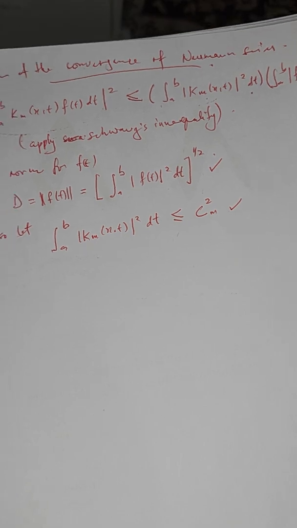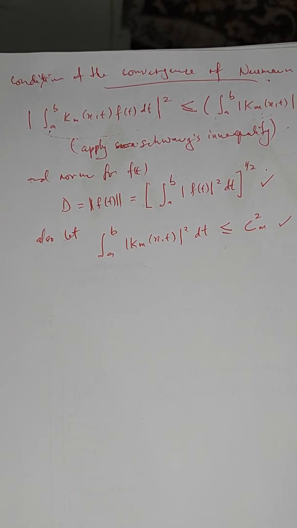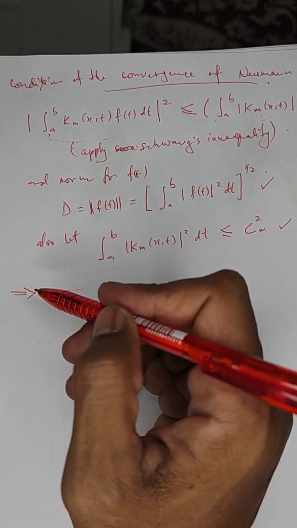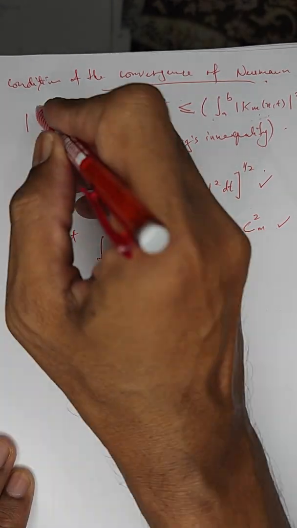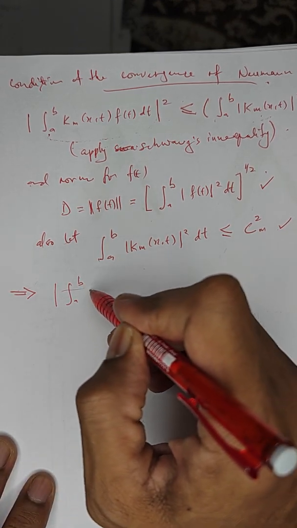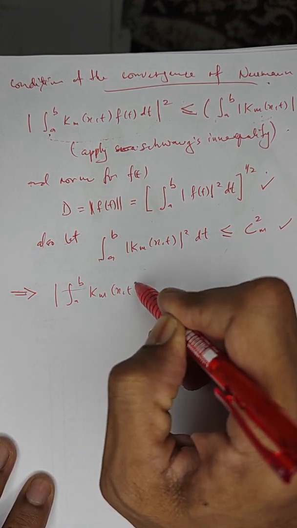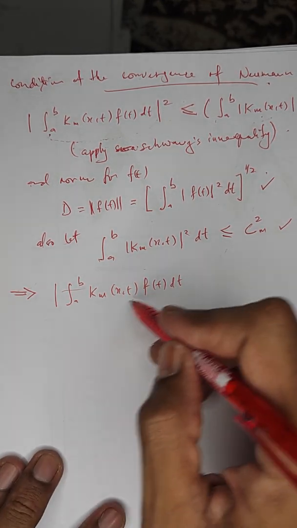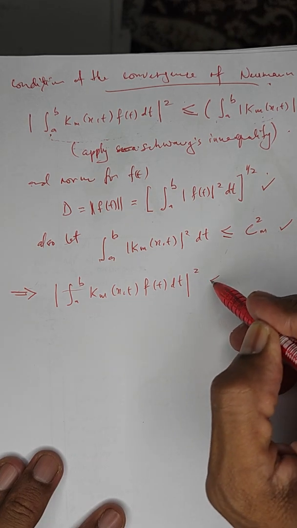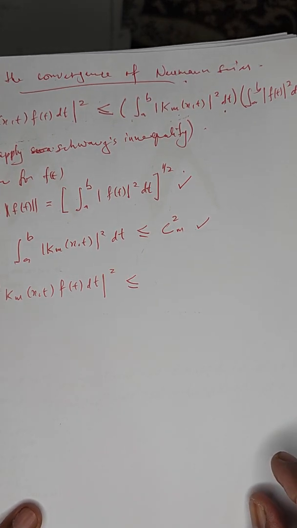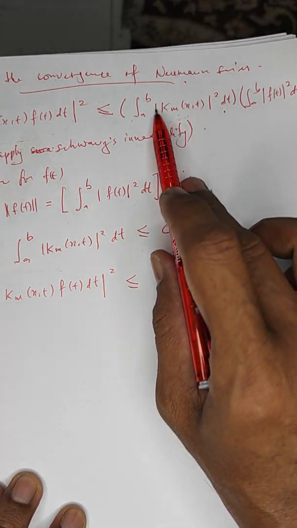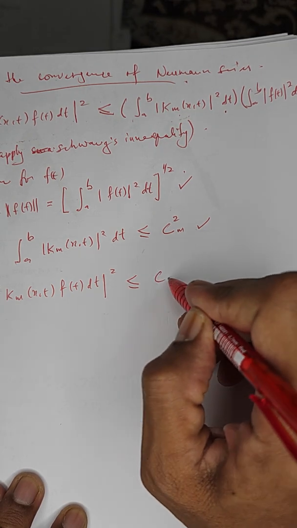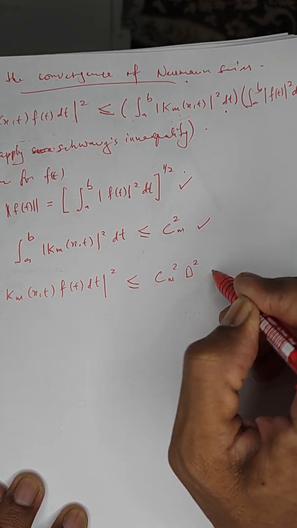So the square of the integral from a to b of K_m(x,t) f(t) dt is less than or equal to c_m squared times d squared.